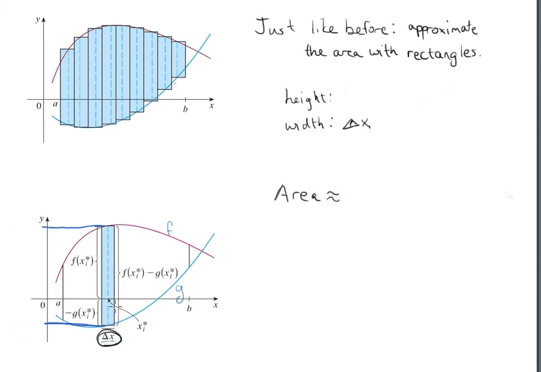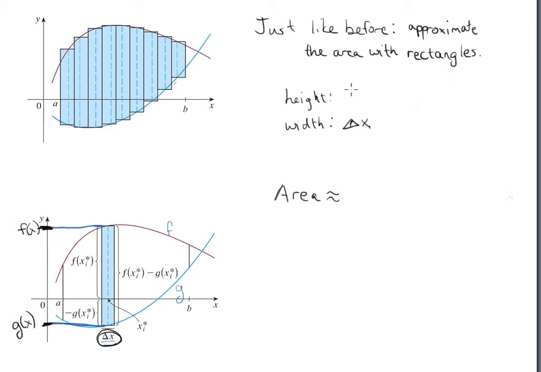And the height of the rectangle is the distance between these two y values, this top y value and this bottom y value. The top y value is from the f curve, so it's f of a particular x value. And the bottom y value is from the g curve, so it's g of a particular x value.